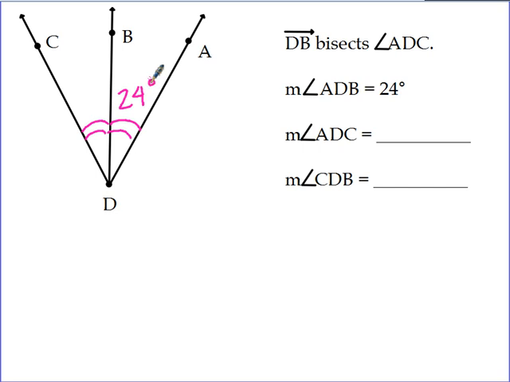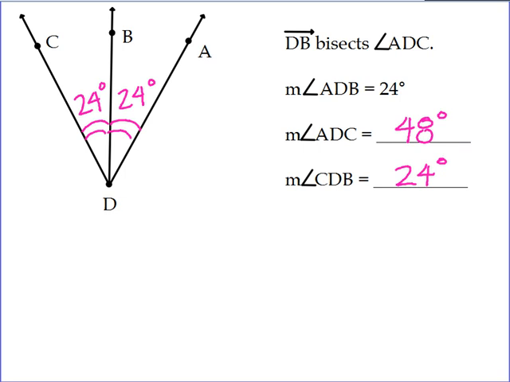So I know since they're the same, this side is also 24. So when it asks me for these two angles here, ADC is the whole angle. So 24 plus 24 is 48 degrees. And then CDB is the left side, and that would be 24 degrees. Don't forget your degree symbols. Remember, that's like your units. So you need to have that there.